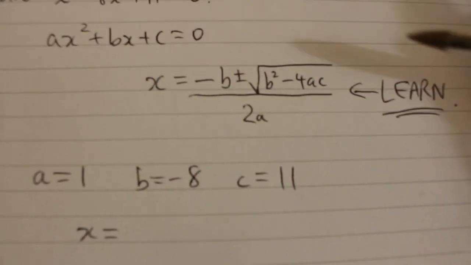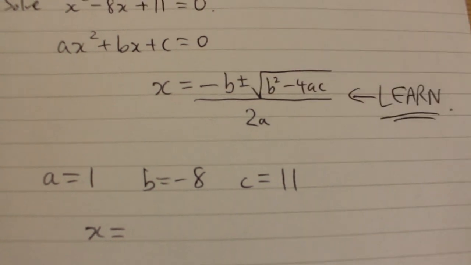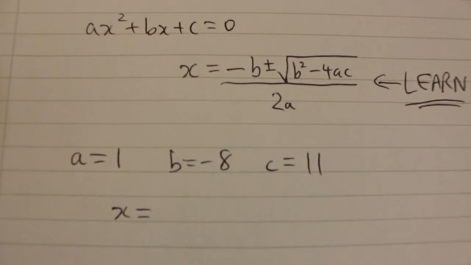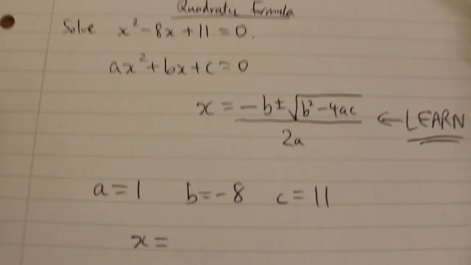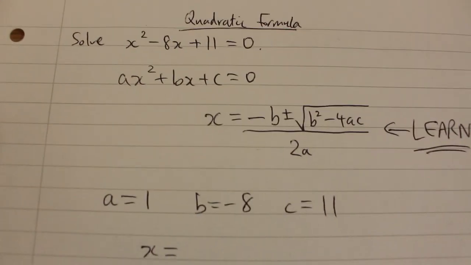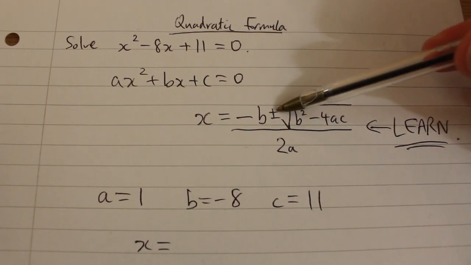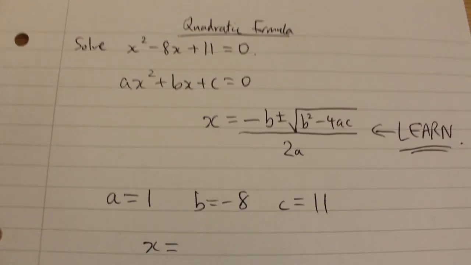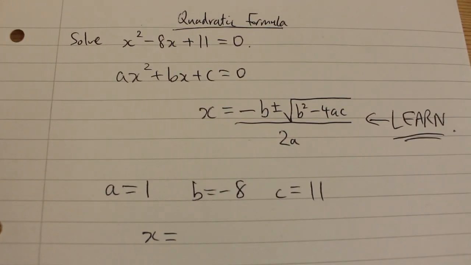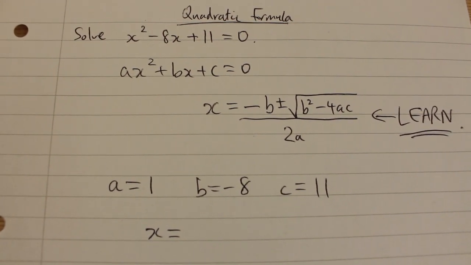And it's worth saying about this formula, this plus minus here is giving us two different solutions. One where we use a plus, and the other where we use a minus, because we're used to quite often getting two different solutions to a quadratic equation.